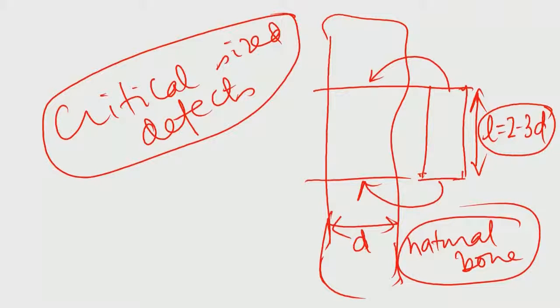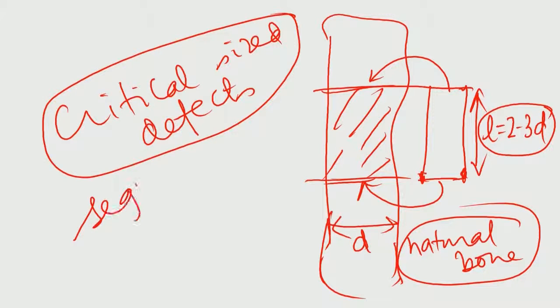Now you are cutting a small segment of the natural bone, and in this gap you are putting your implant material, which I am now shading. If the length of this implant material is 2 to 3 times the diameter of the host bone where it is being cut, then you can call it a critical size defect, and this kind of defect is also known as a segmental defect.